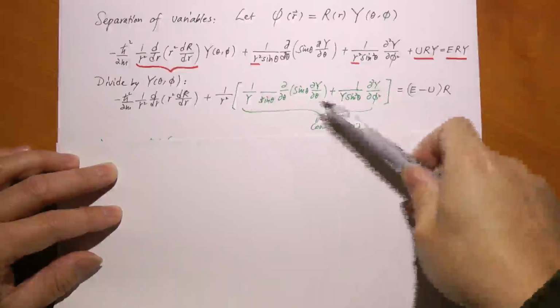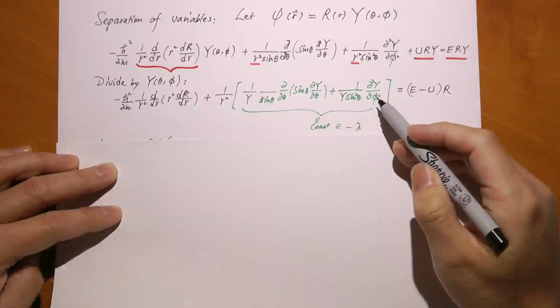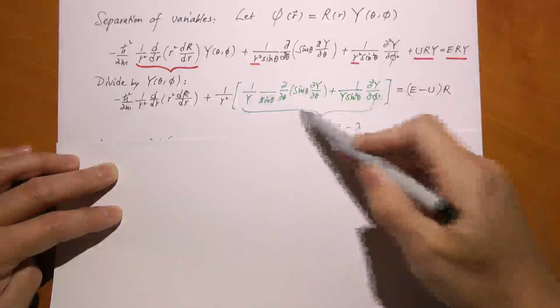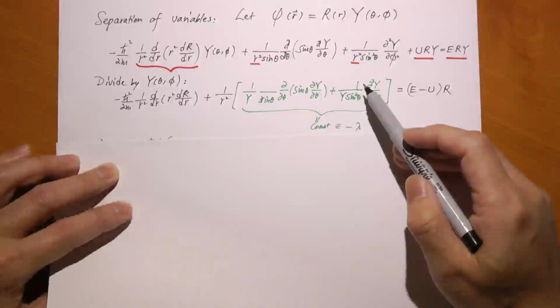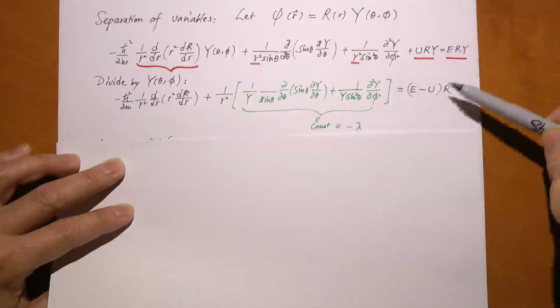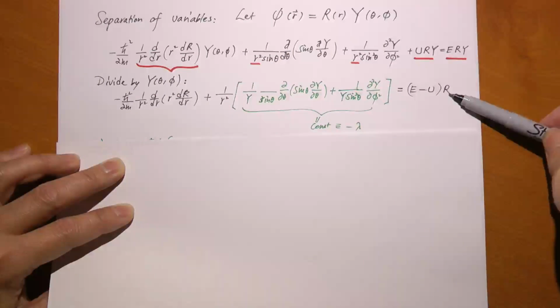Well, look, this is the only part of the equation that depends on theta and phi. Now let's suppose theta and phi changes. I want to argue that even if theta and phi changes, the expression should remain a constant. Why? Because if it's not a constant, then look, everything else depends only on r, right? If I fix r and change only theta and phi, then this black part should not change.